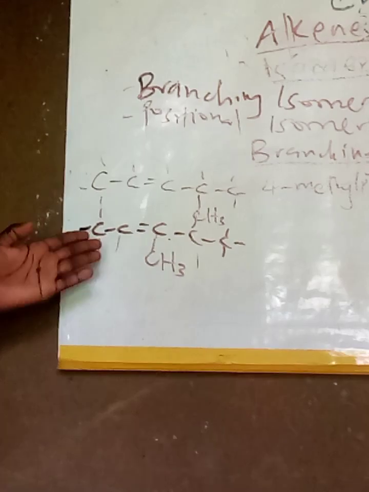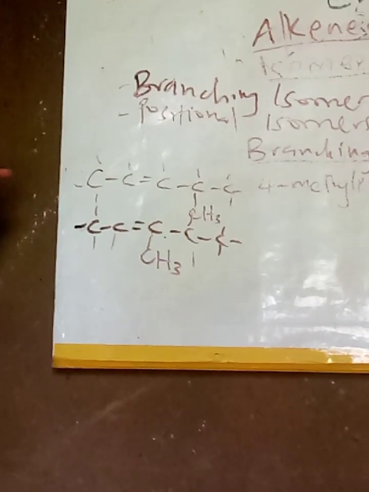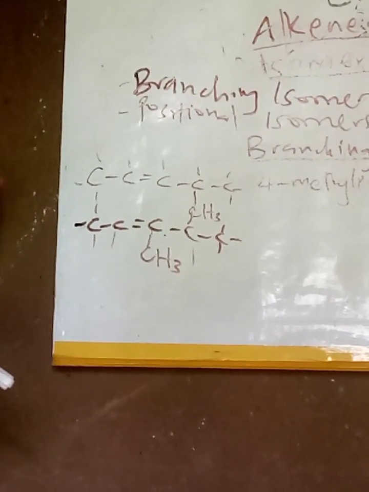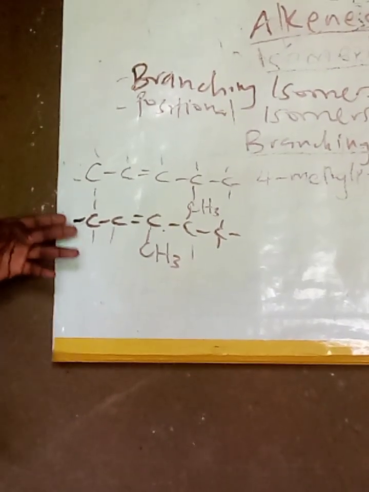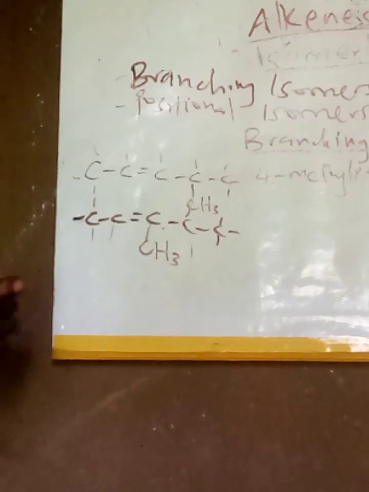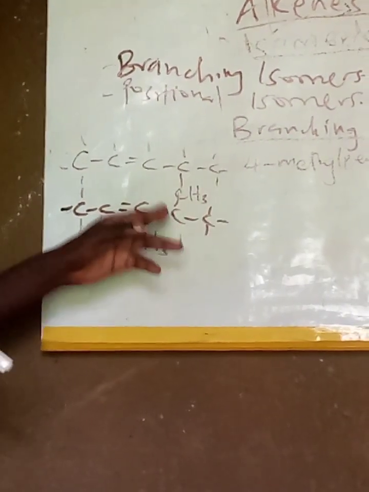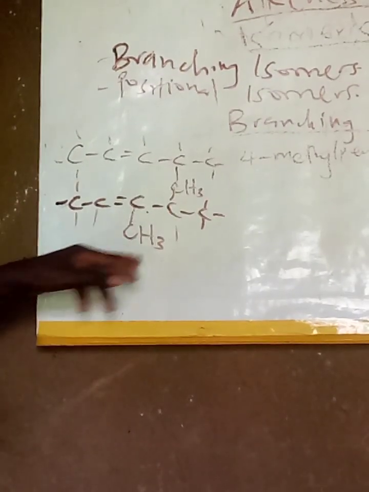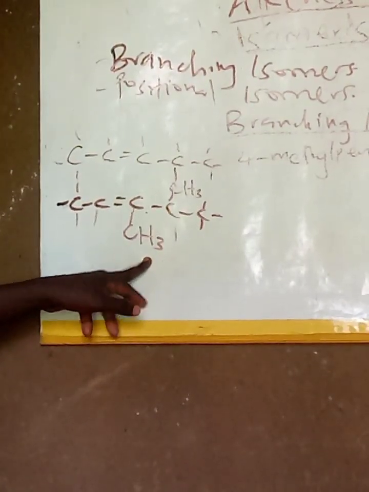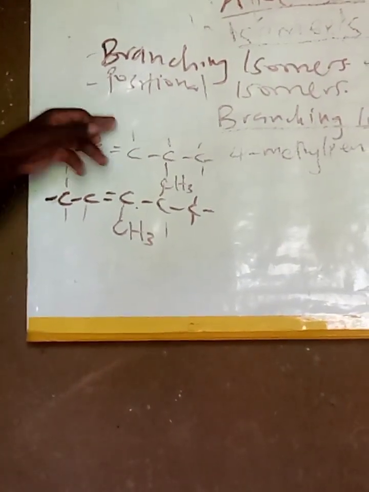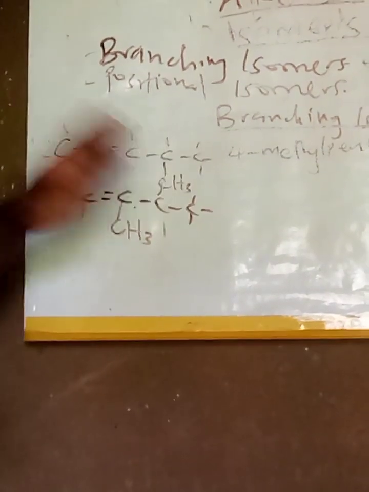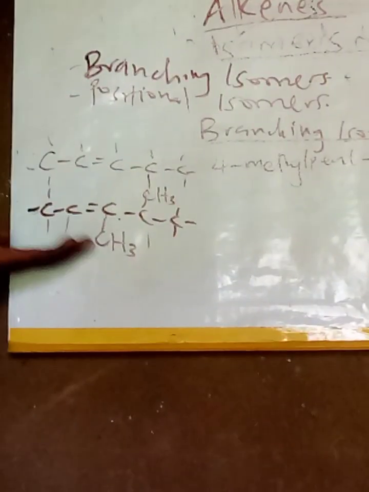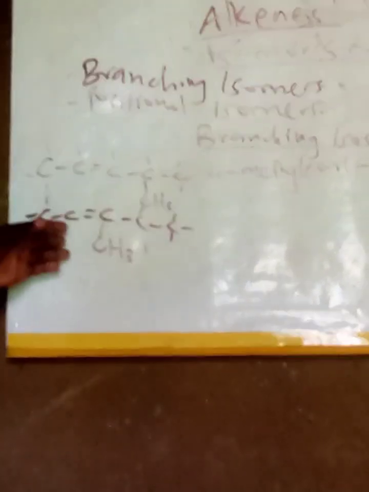So when you put this branch here and count the number of carbon atoms, you'll find that it is 1, 2, 3, 4, 5, 6. It is 6. Hydrogen: 1, 2, 3, 4, 5, 6, 7, 8, 9 plus 3, that is 12. Also here it is 1, 2, 3, 4, 5, 6, 7, 8, 9 plus 3, that is 12. You can see this one and this one, the number of hydrogens are the same, carbon also the same for this compound and this compound.